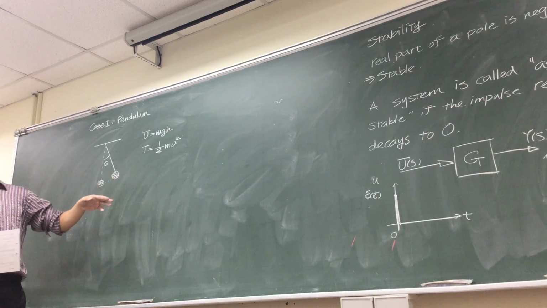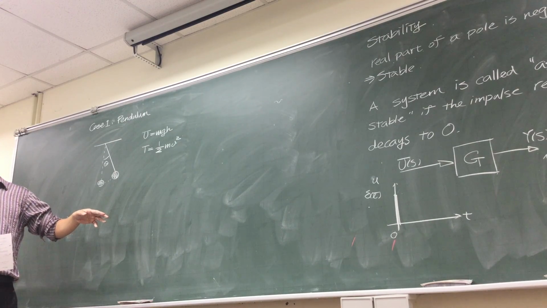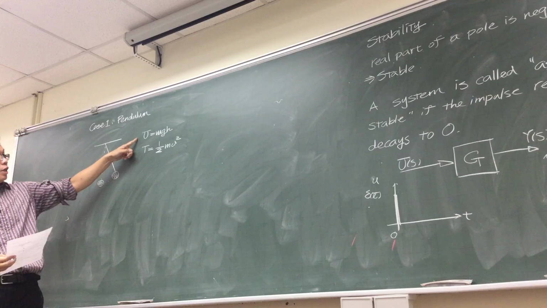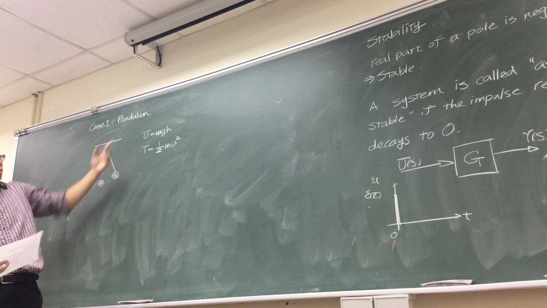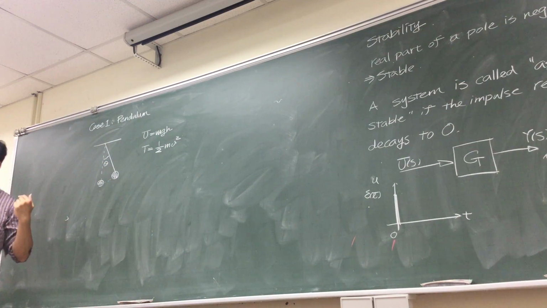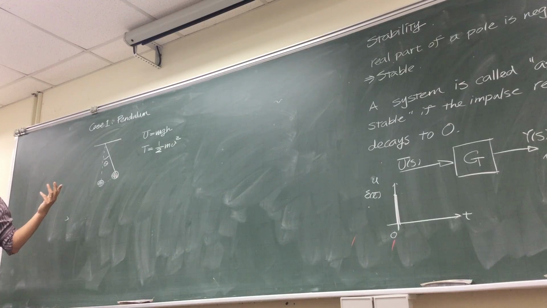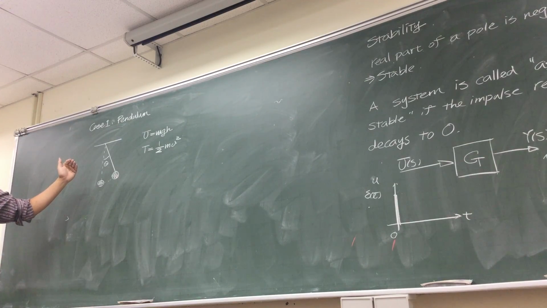So based on conservation of energy, this one is going to go into this one, and this one is going back periodically. So if I don't have any component over here that is going to consume any energy, what happens? Will this pendulum stop swinging?